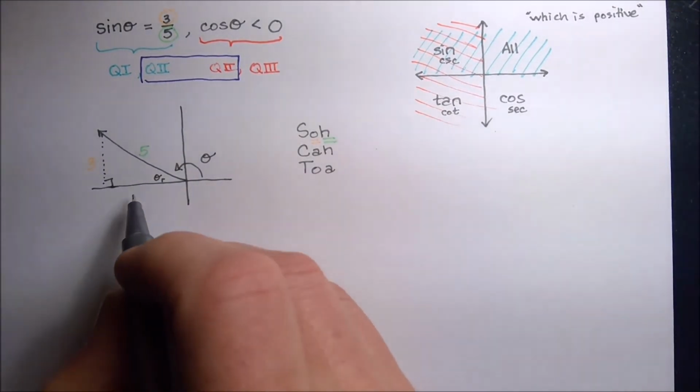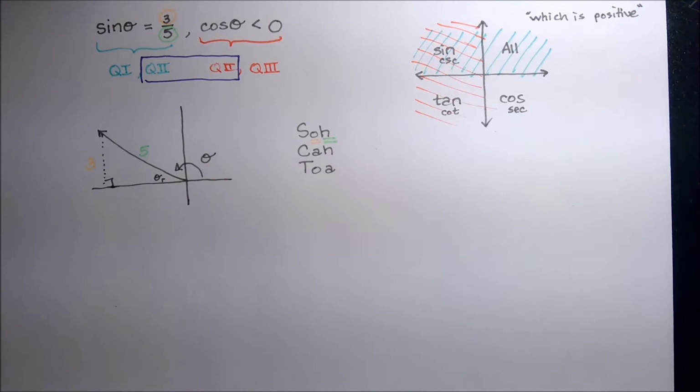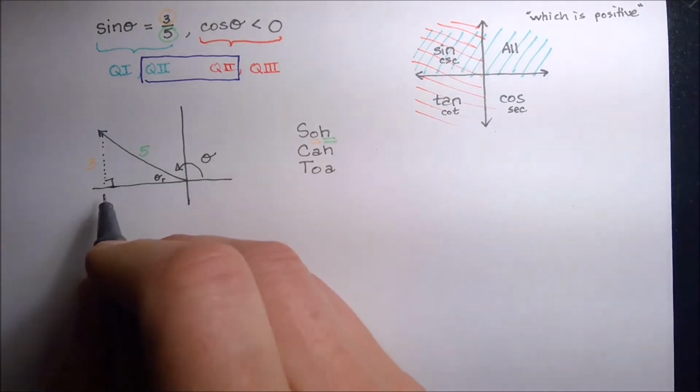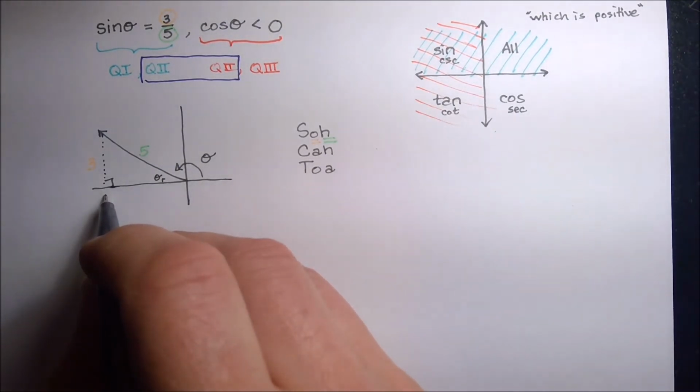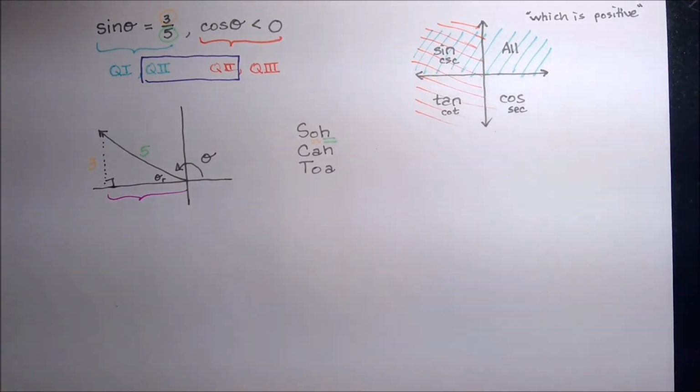So if I have that much, I should be able to figure out the leftover side. So I can find the other leg right here by using the Pythagorean theorem.